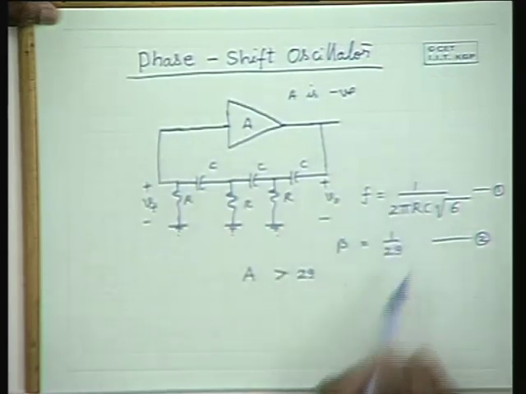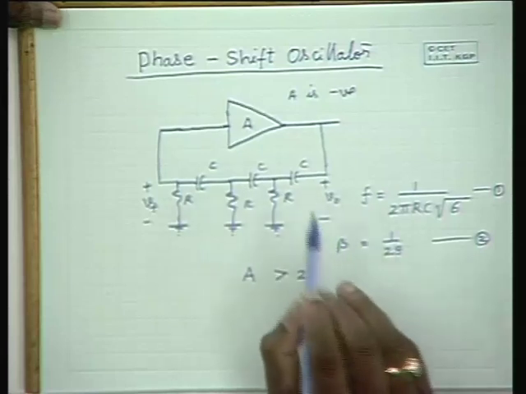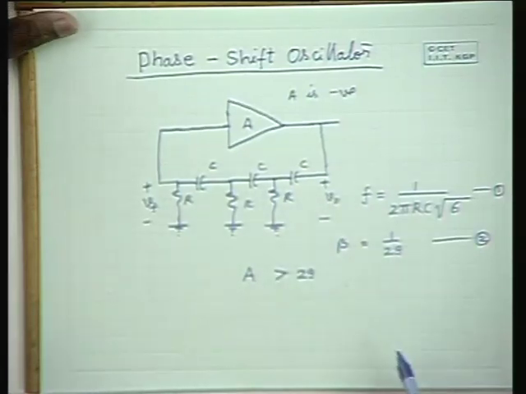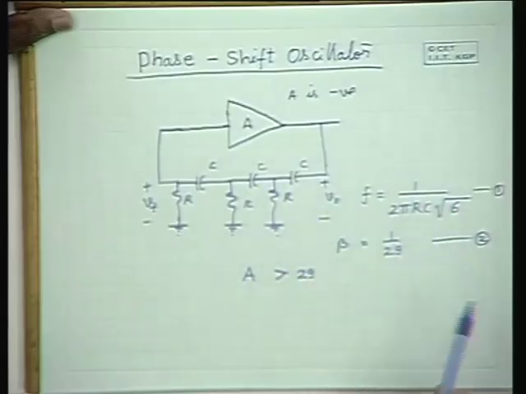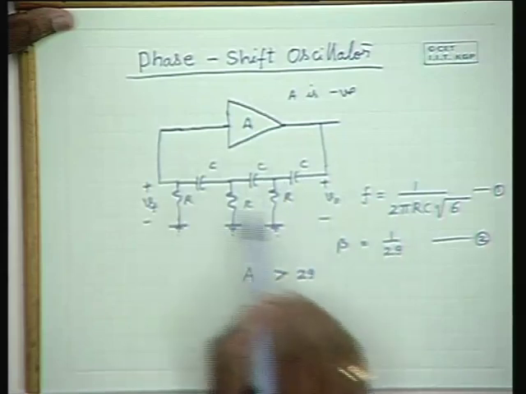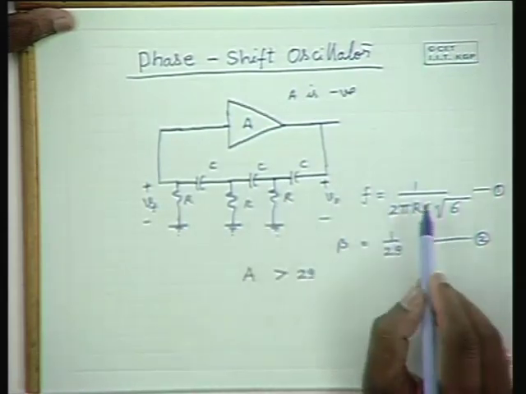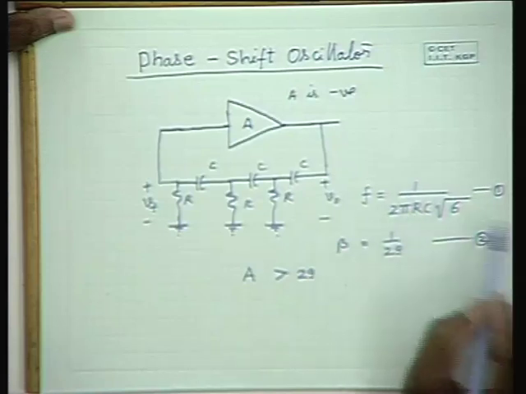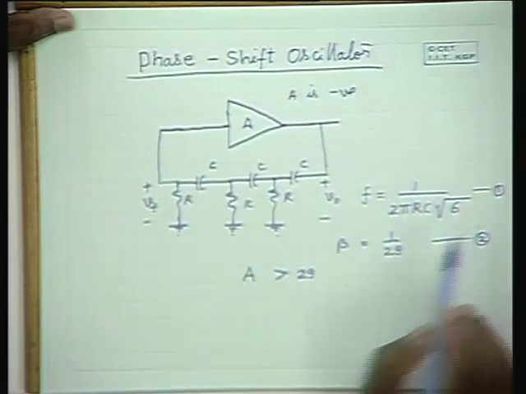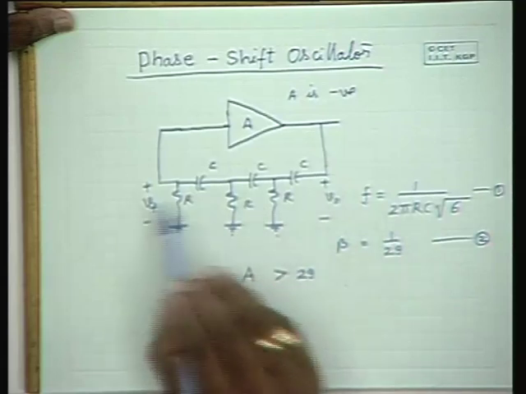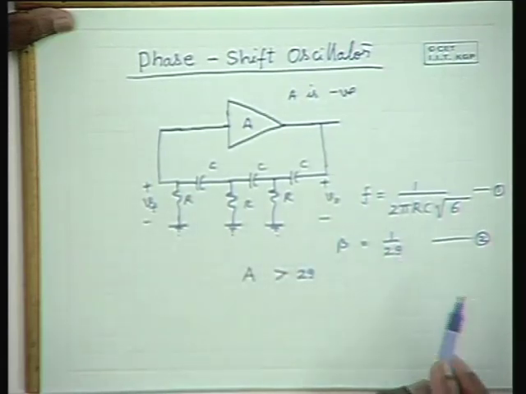So, this is how an RC phase shift network can be designed. You have to use an RC phase shift network for 180 degrees phase shift with these values equal in each section. The frequency at which it gives 180 degrees phase shift is 1 by 2 pi RC in square root of 6, and at that frequency the feedback factor beta is equal to 1 by 29.